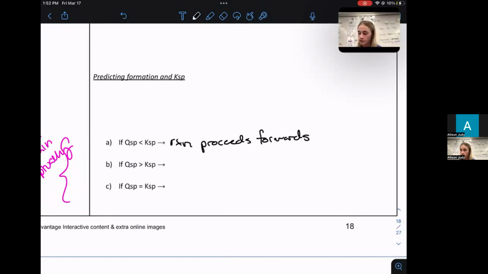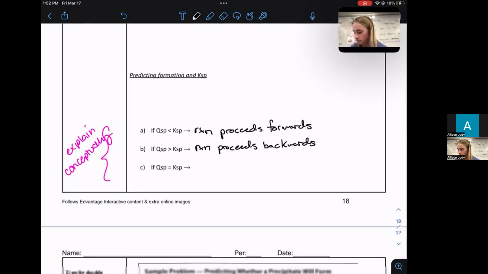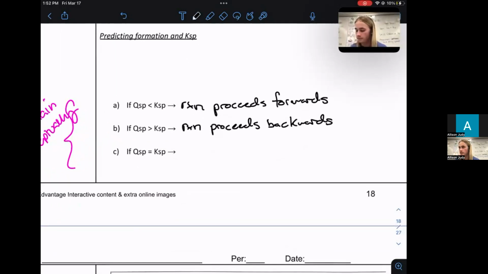If your QSP is greater than your KSP, you've got too much product. You have more ions than you would have at equilibrium. Your solution is supersaturated and the reaction will proceed backwards, producing precipitate rather than ions. If your QSP equals KSP, then you're at equilibrium.